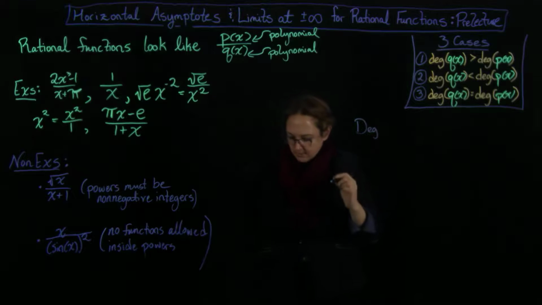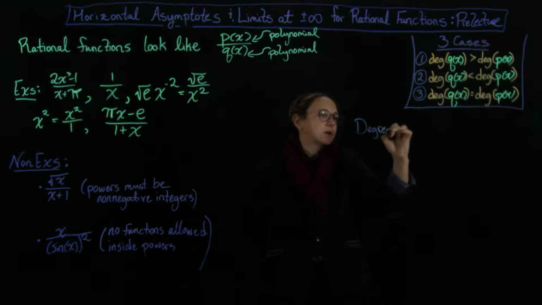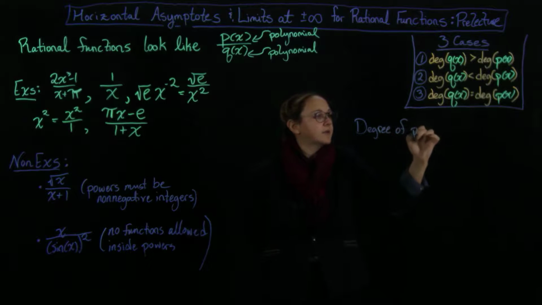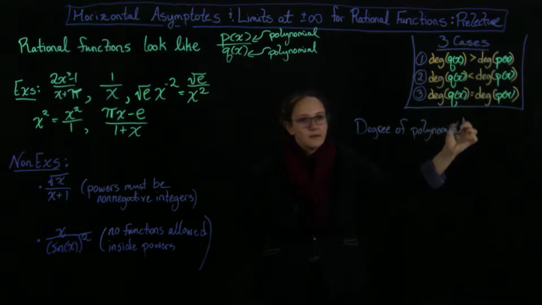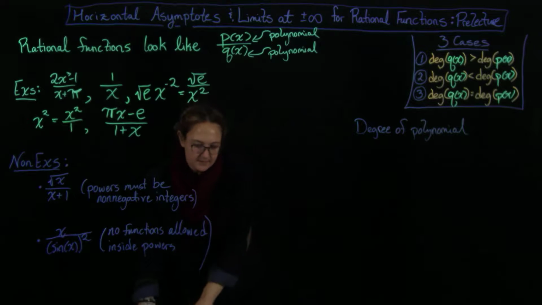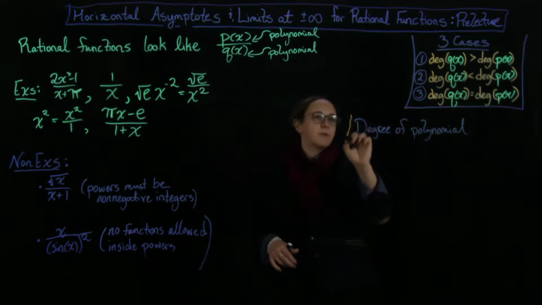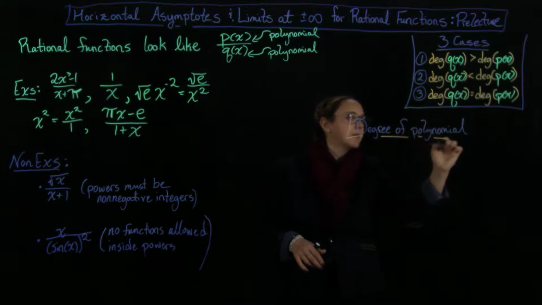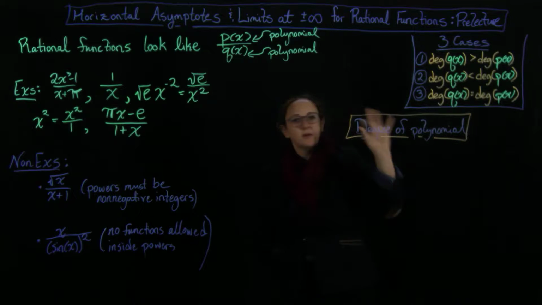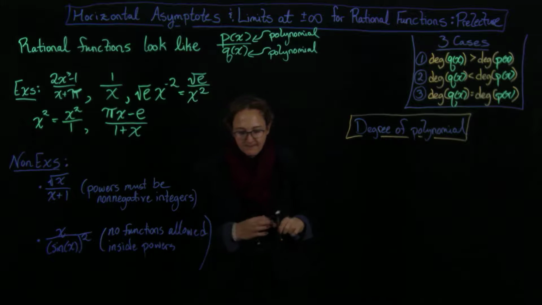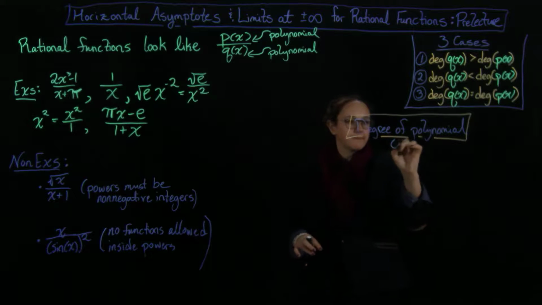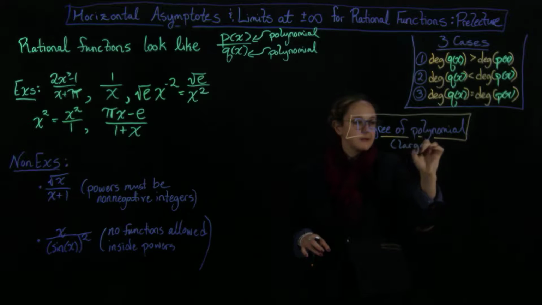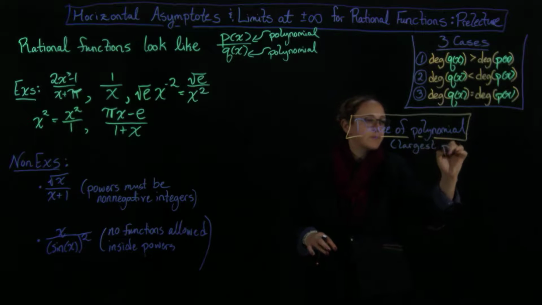Let me write this in, and just box it in orange. I meant to write it in orange, but if I box it, I think you know that's what I mean. So the degree of the polynomial, what is this? You could think of this as the largest power.